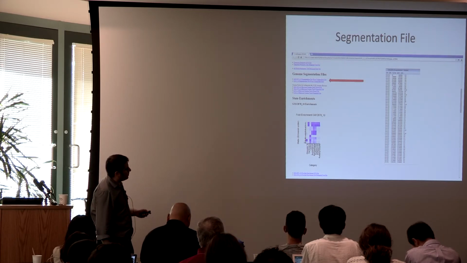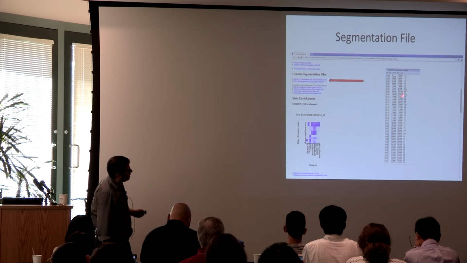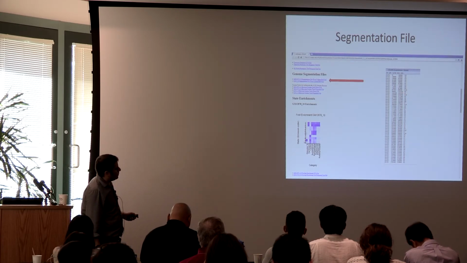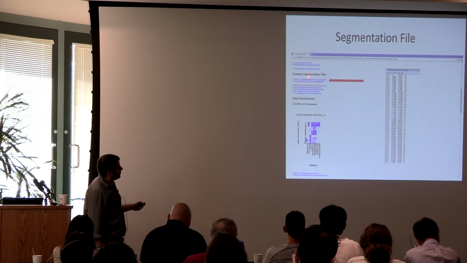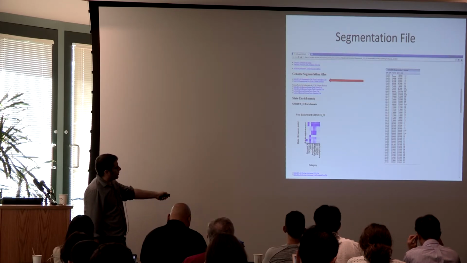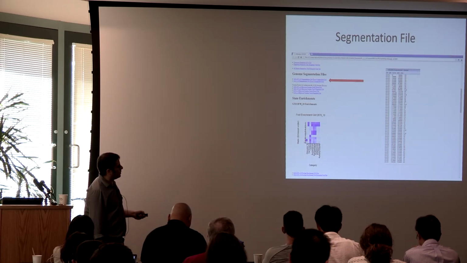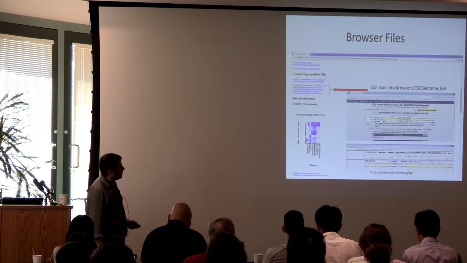There's an option to order the states based on the transition structure. And then you see the state number. And then you get a separate file for each of the cell types. These are not really for the human to read, but if you have some method that wants to do analysis on this, these are useful to have.